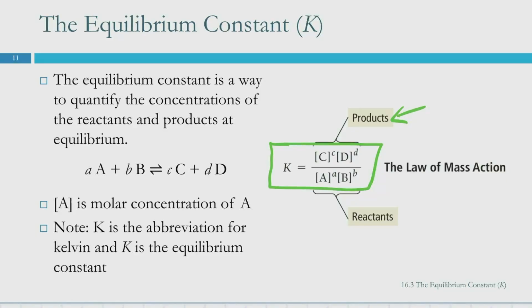For me, the big part wasn't remembering that we're raising the concentrations to the coefficients. It was remembering which side is on top, products or reactants. I always got that mixed up when I was learning it. It's products over reactants. So products over reactants. That's my equilibrium constant mantra.